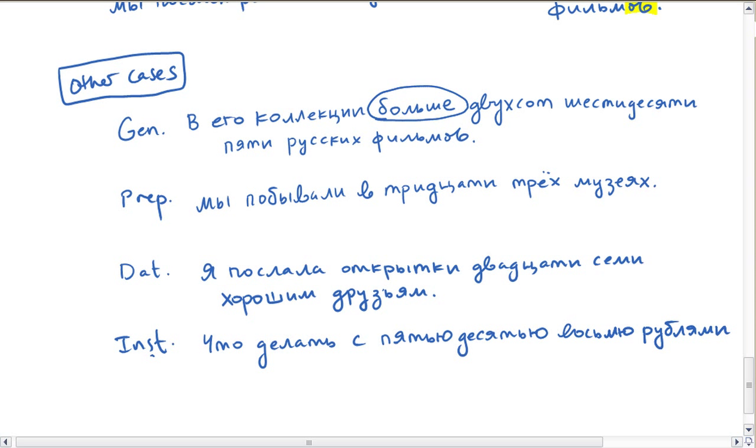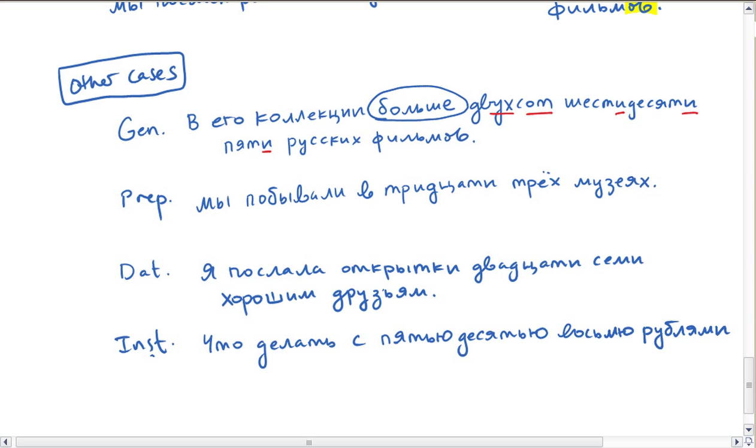Больше means that we're going to have to use the genitive case, right? So we've got 265 русских фильмов. So in his collection, there are more than 265 Russian films. And each one of those 265 Russian films are declining in this sentence.